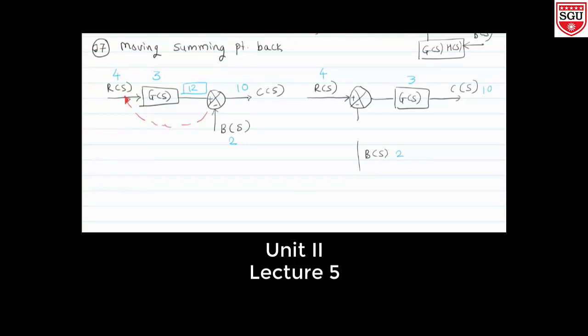For that, I will just insert his answer. What he said, 1 upon G of s. If I insert 1 upon G of s, means I have inserted 1 by 12. So 1 by 12, if I insert, it will get multiplied with 2. So what answer will you get here?